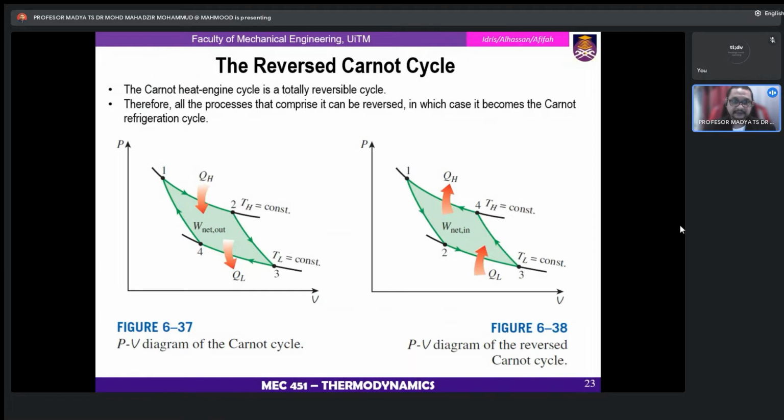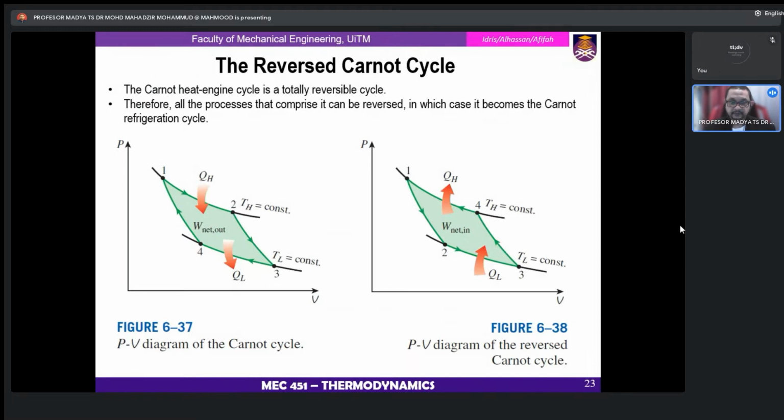So you see these are two PV diagram figures. On the left side is the Carnot cycle. On the right side is the diagram of the reverse Carnot cycle.